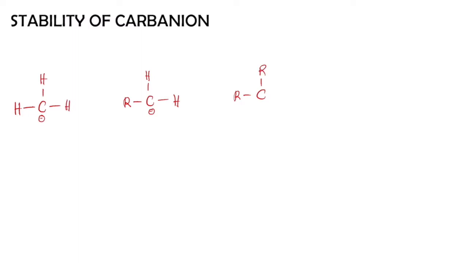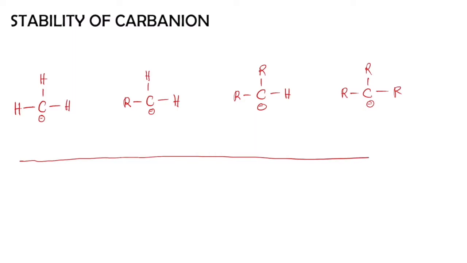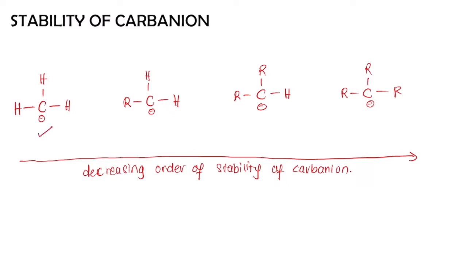However, it is totally different in carbanion, where alkyl groups cause the carbanion to be unstable. In terms of stability, the most stable carbanion is methyl, because it has fewer alkyl groups, whereas tertiary carbanion is the least stable.